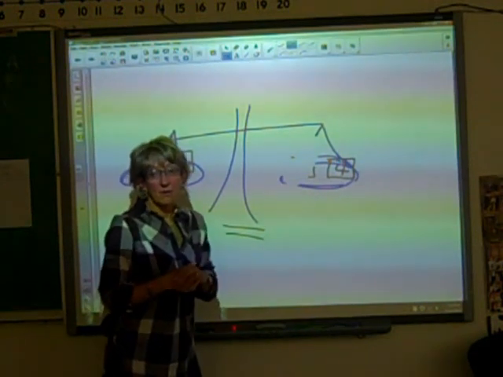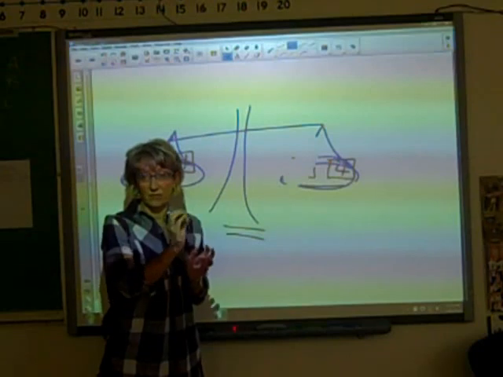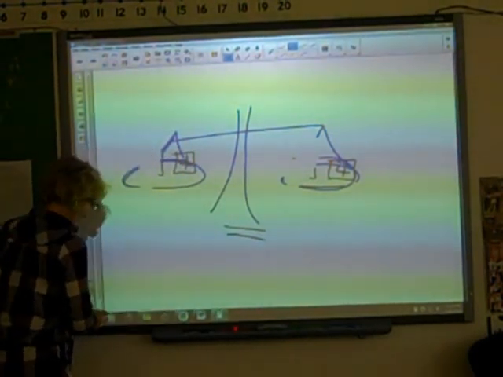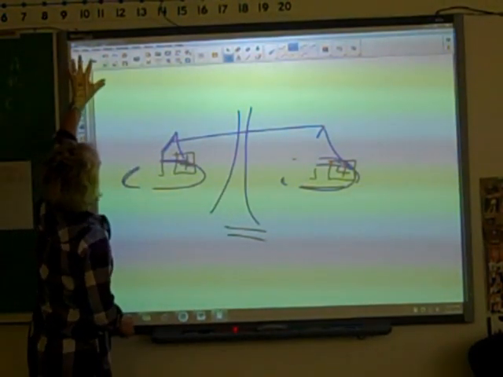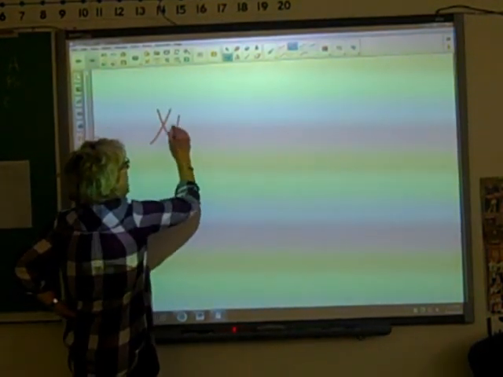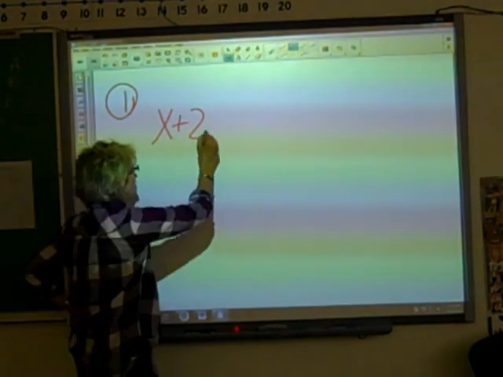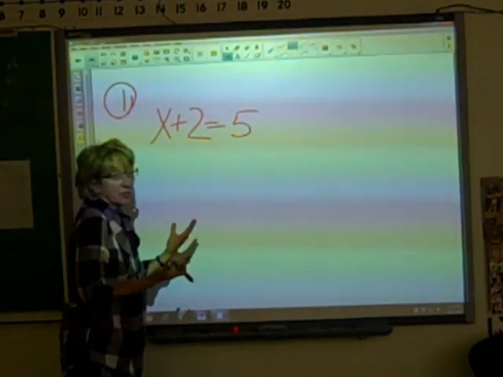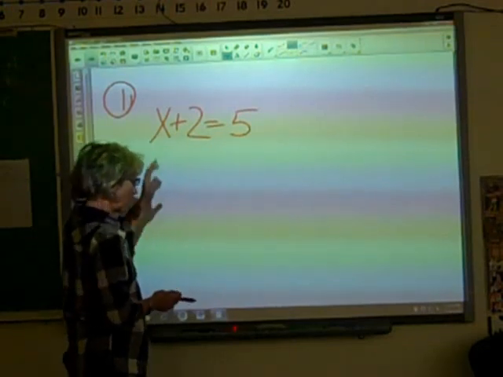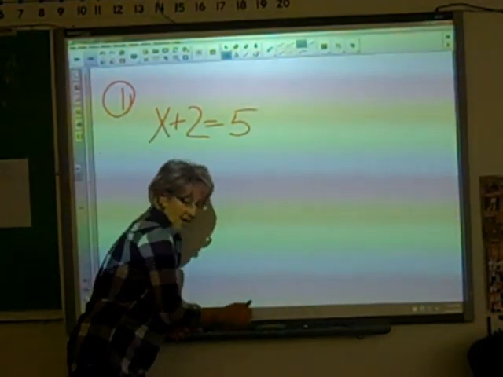The second thing I want to remind you about is our ultimate goal is always to get x by itself, to isolate the x. So let's start with our equations. My very first equation that I would like you to write in your notes, equation number 1, is x plus 2 equals 5. This should be a very simple equation for you. We're trying to isolate the variable. Sorry, I'm writing in red.